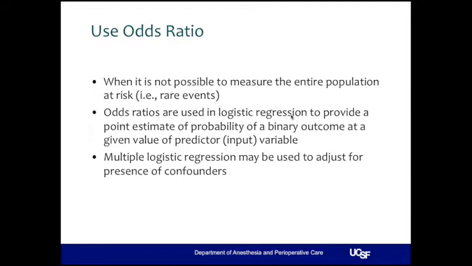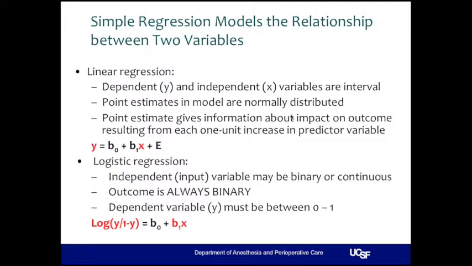Odds ratios are the odds of an event divided by the odds of no event. At small probabilities, the relative risk and the odds ratio are very close to one another. As the outcome increases in frequency and deviates from what we call unity, or 1, the odds ratio increases at a greater rate and thus at certain times can overstate an association. So we have to be a little bit careful and not use odds ratios unless we have to.